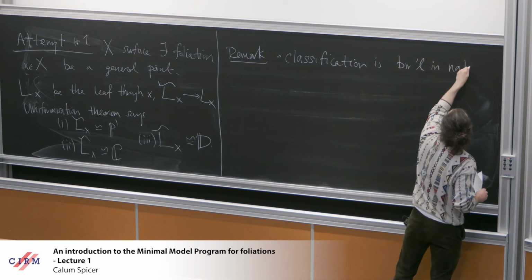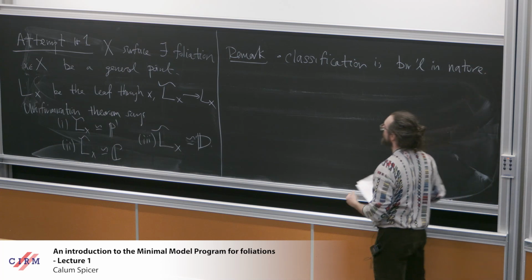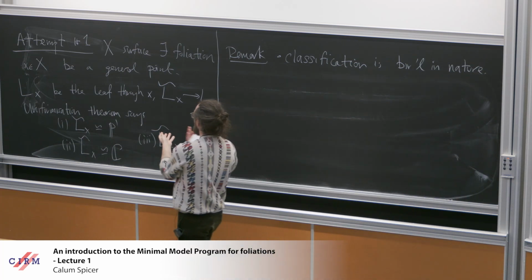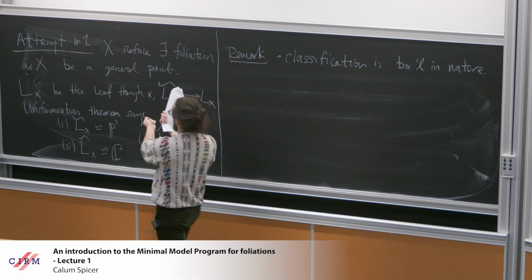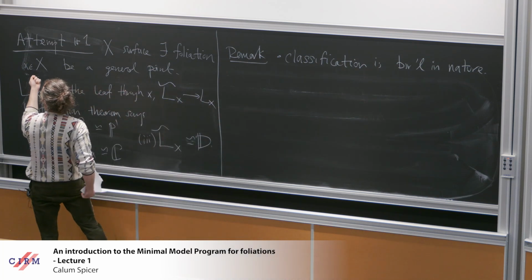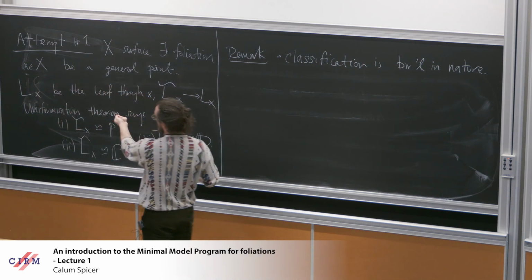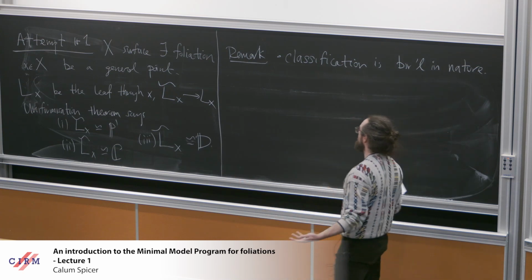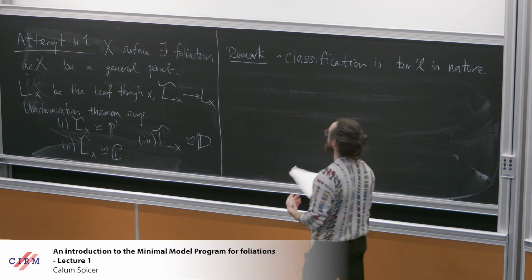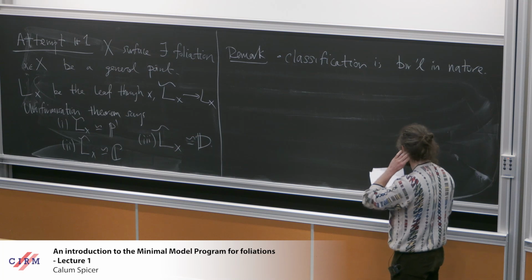When I say birational in nature, all this means is we only care about the foliation on some open dense subset. Because we're only looking at the behavior of the foliation around the general point, we're free to replace X by some big Zariski open subset of the surface and recompactify that if we choose.